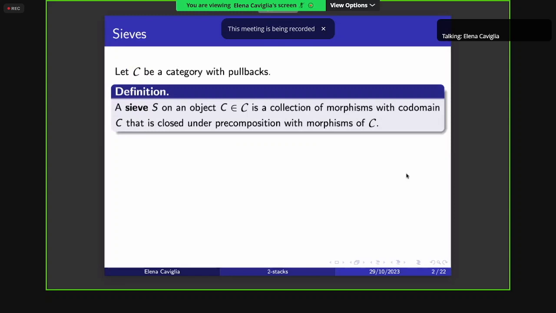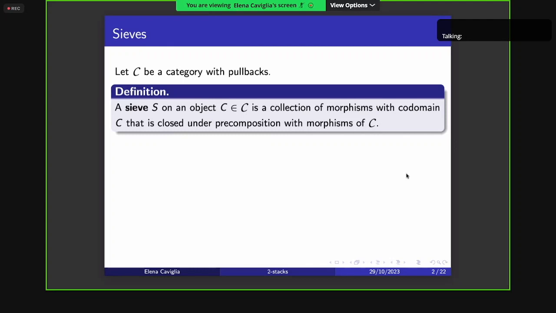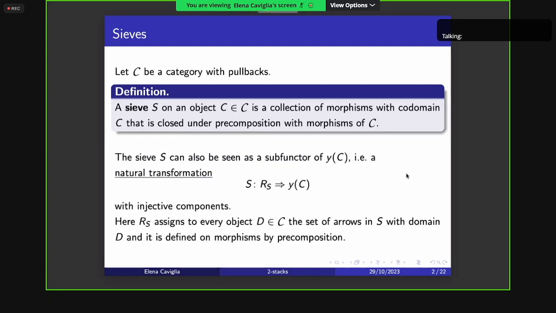So let's start from a one category C with pullbacks. And the first ingredient that we need is that of a sieve. So given an object C of the category, a sieve S on C is just a collection of morphisms with codomain C that is closed under precomposition. And we also have a useful characterization of the notion of sieve.